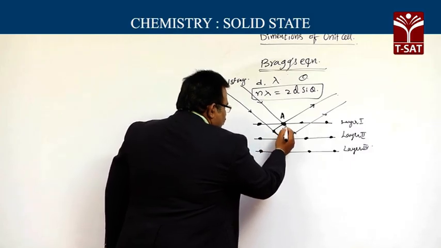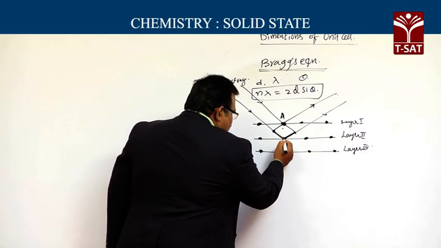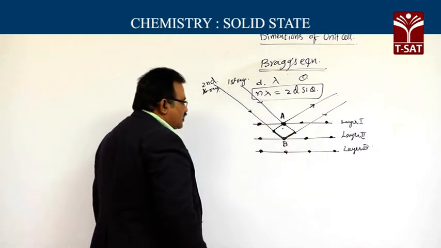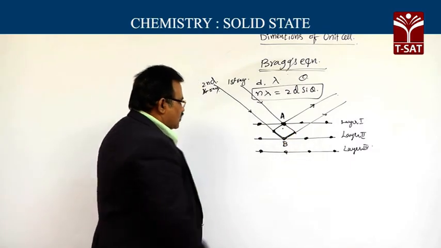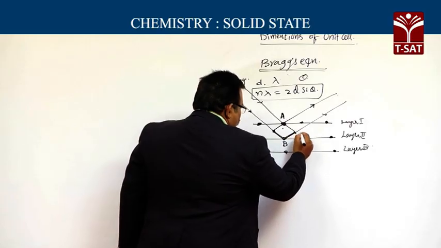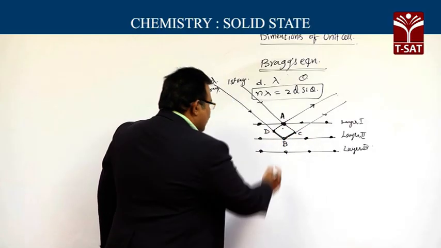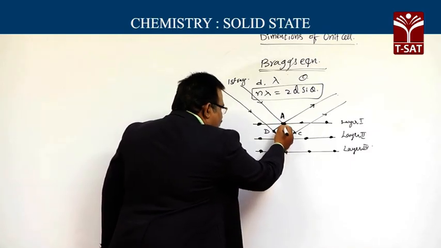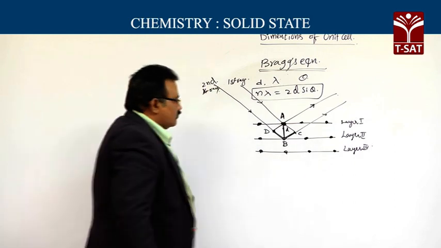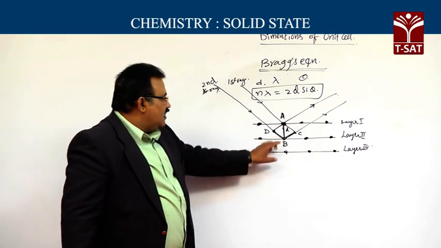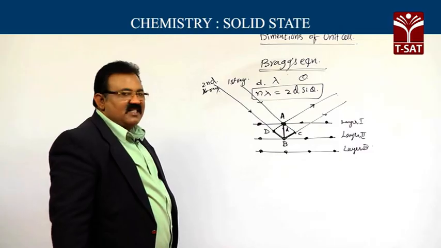This is the extra distance travelled by the second X-ray. Say this is point C, this is point D. From A to B, small d, is the interplanar distance in the crystal.